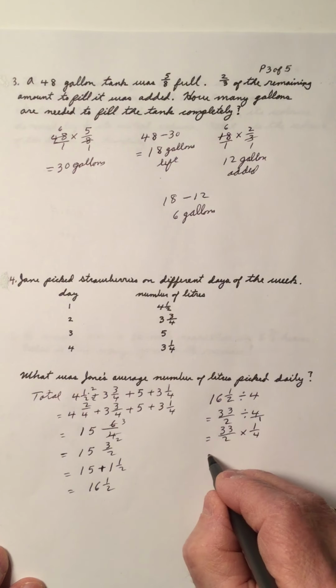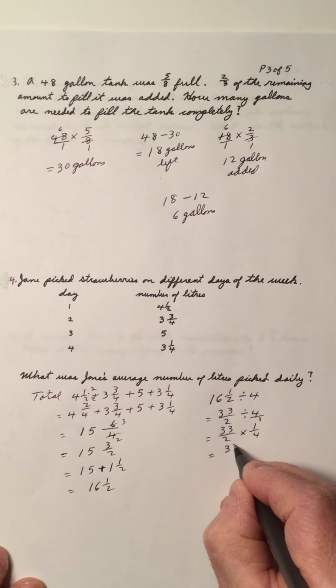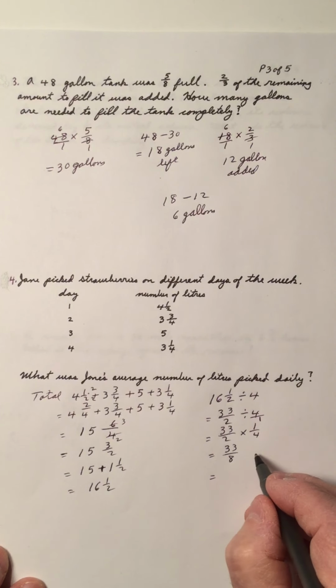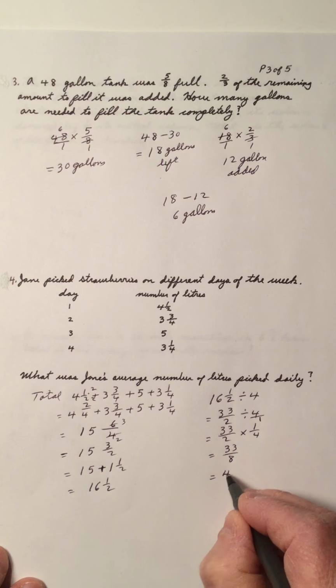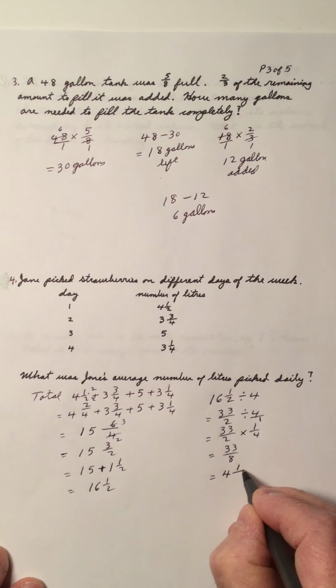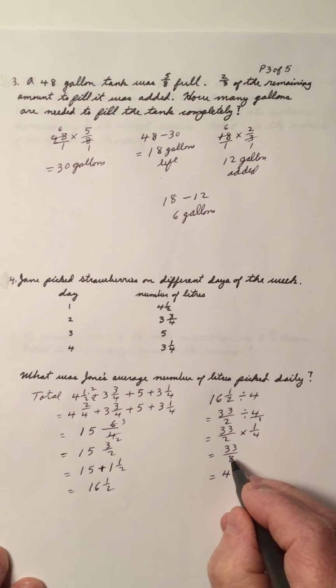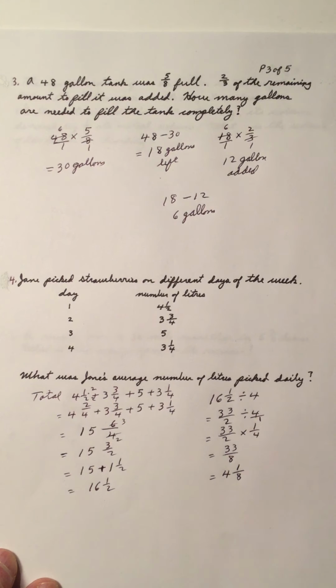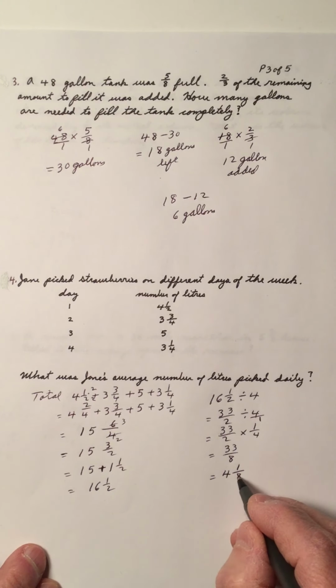Reciprocal is 1 over 4. Multiply, 33 over 8. And 8 into 33 goes 4 times. 4 eighths is 32, 1 left over. So I get 4 and 1/8. So the average daily number of liters of berries picked on a daily basis is 4 and 1/8.